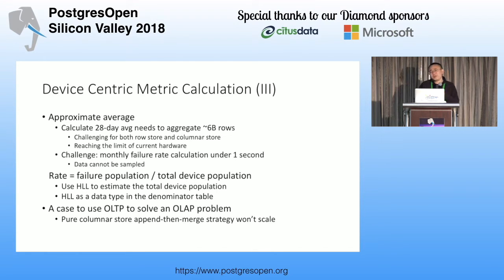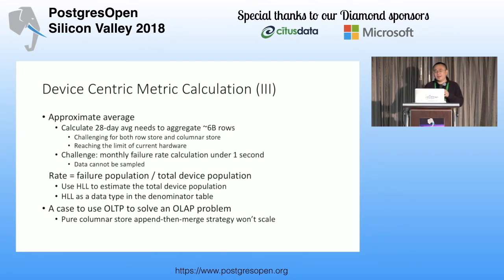It turned out you can use the HyperLogLog data type to pre-aggregate the total device population, because that's where most of the time is spent. Otherwise, the query is aggregating a lot of zeros, and Postgres doesn't care if you sum zeros or sum ones, because it's equally costly.